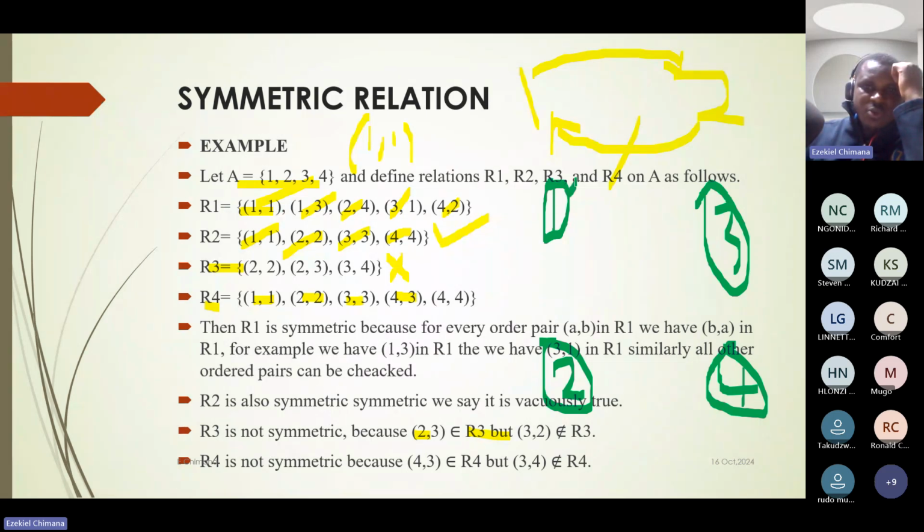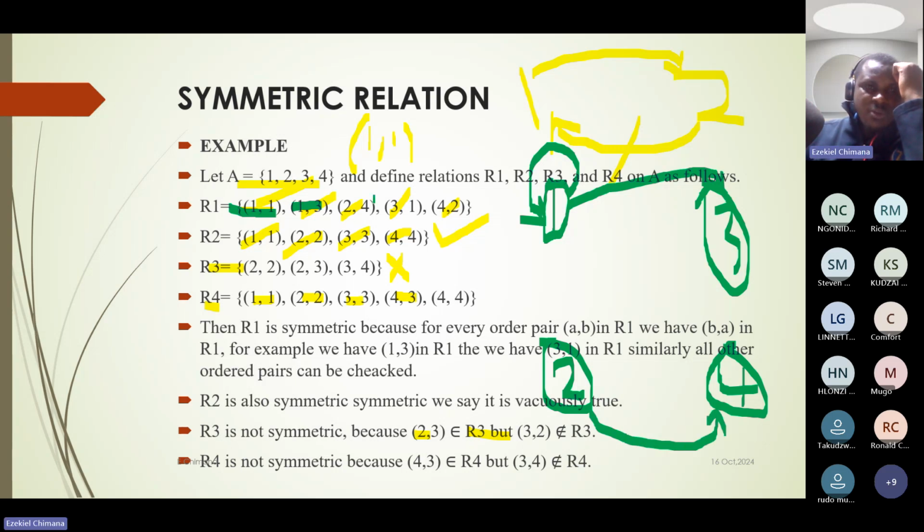Here we've got a self loop at 1, 1. Then you have 1, 3, from 1 to 3. And then we have 2 to 4, from 2 to 4.